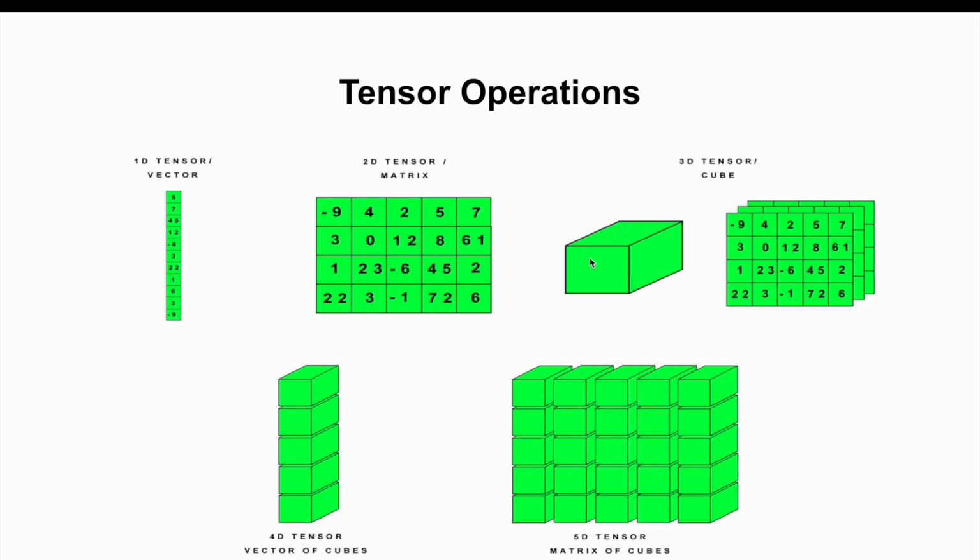Then we have a three-dimensional tensor, which is rank 3 tensor, and you can think of it as a cube, and that's a three-dimensional tensor. It has depth as well.